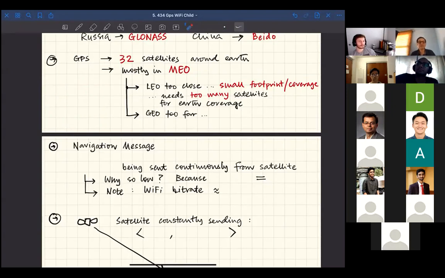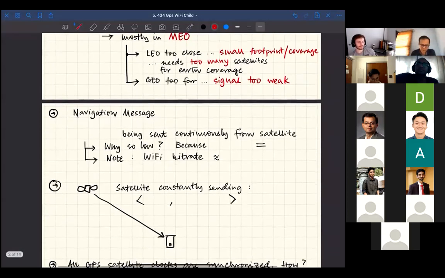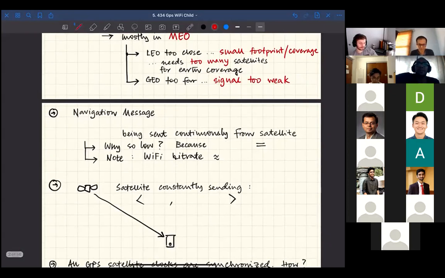The main reason here is the signal becomes very weak by the time it arrives on the face of Earth. And that is why GEO is not a good orbit for many applications, actually. Okay, great. So this is the reason GPS picked MEO, and 32 satellites are going around the Earth in the MEO orbit.